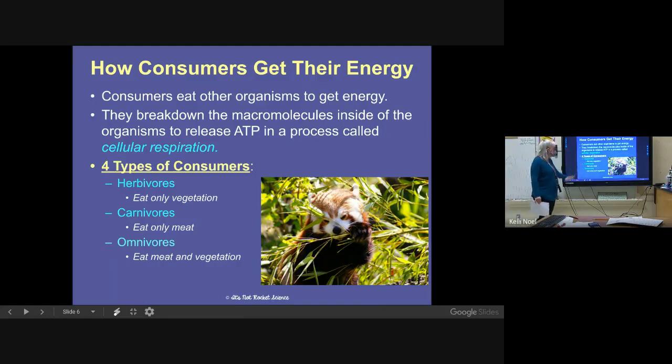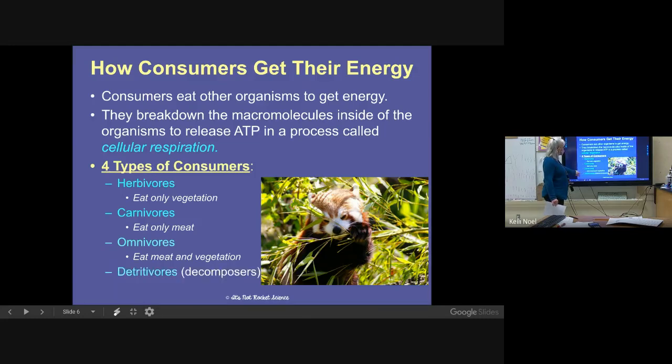Carnivores, they eat meat only, so they're going to be your meat eaters. Think about your lions. Omnivores eat both. So many of us humans eat both. We eat meat and vegetables. And so those are the 3 main types. You need to be familiar with these. It should be a review.